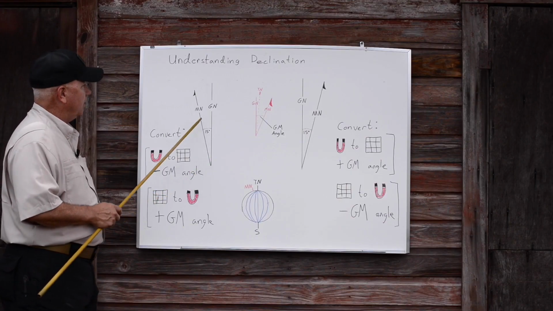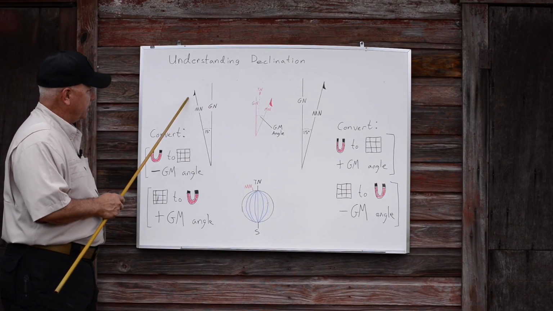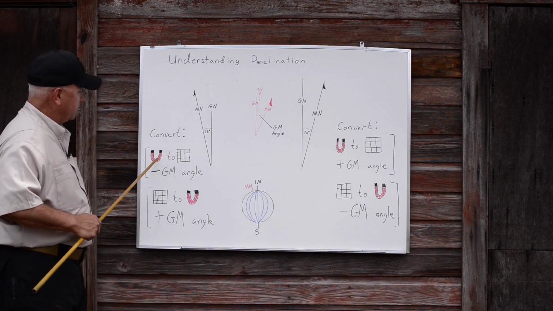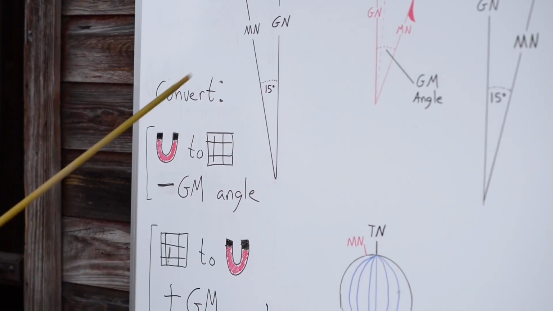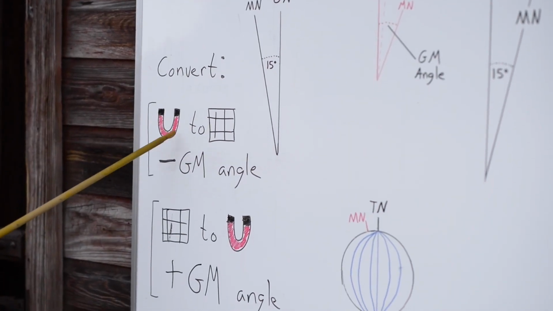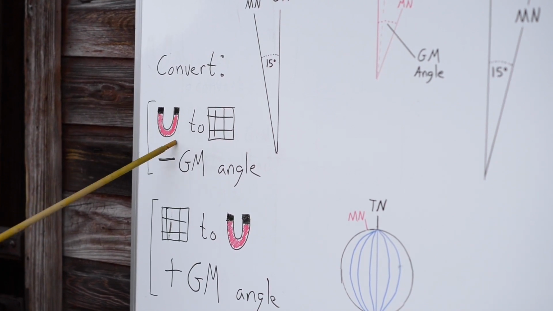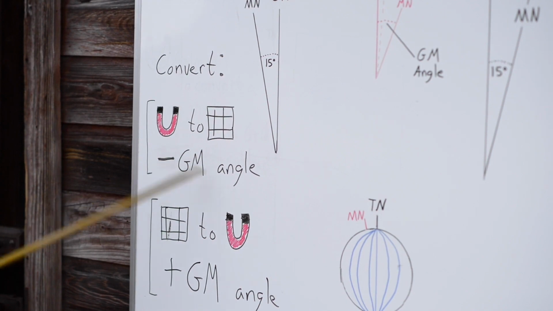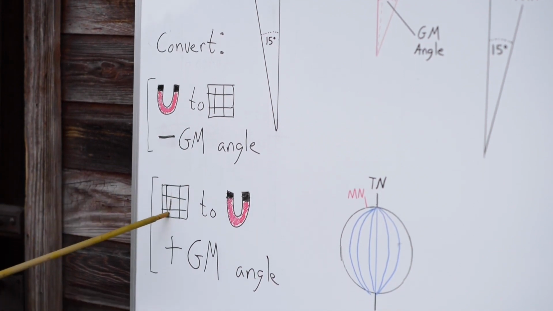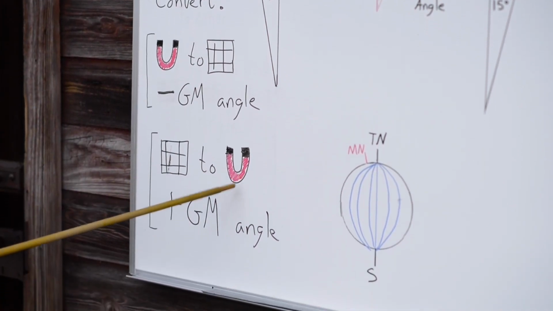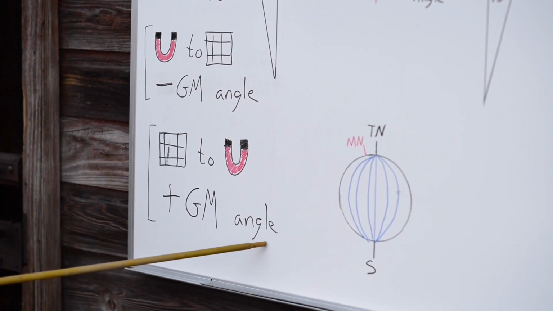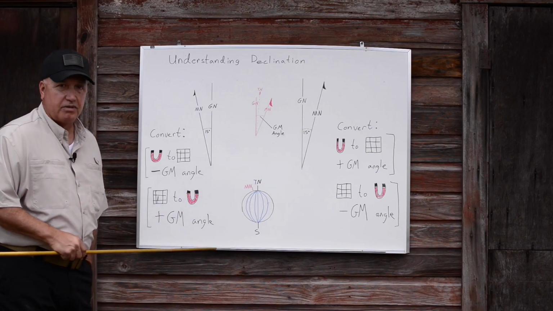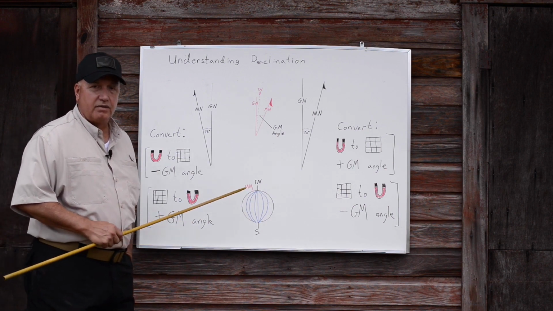It's important to know that if magnetic north is pointing this direction, then your conversion is going to be basically the exact opposite of the one over there. You're going to take magnetic north to grid north, subtract the GM angle. Grid north to magnetic north, add the GM angle. That's a very simplified version of how you deal with declination.